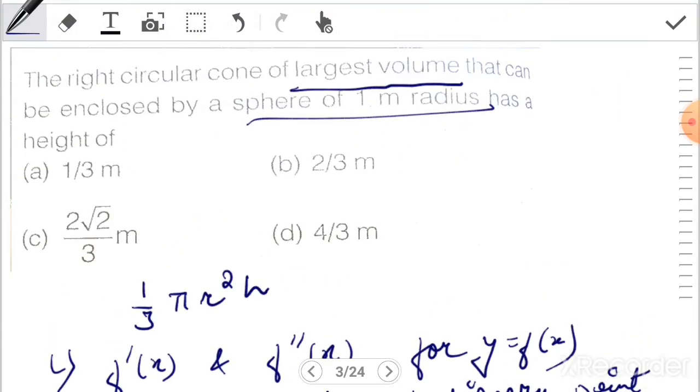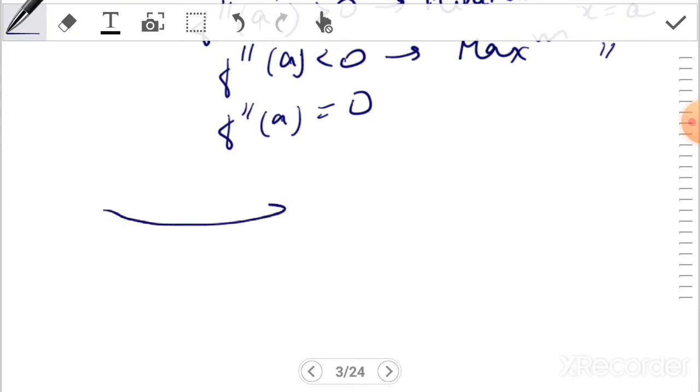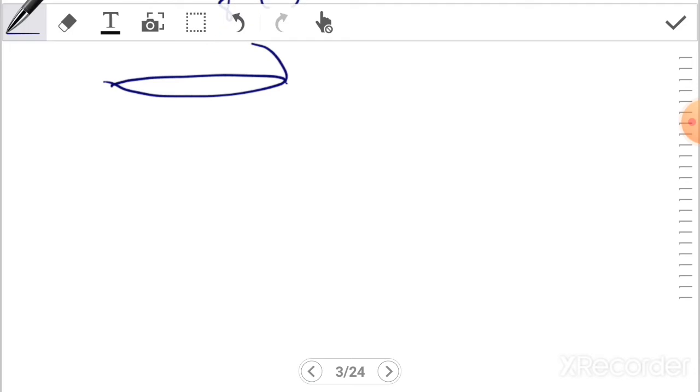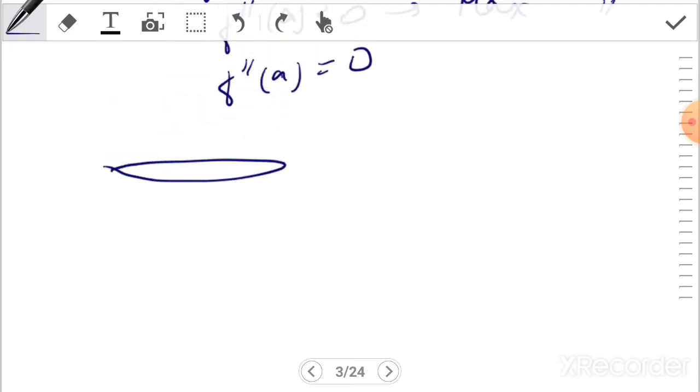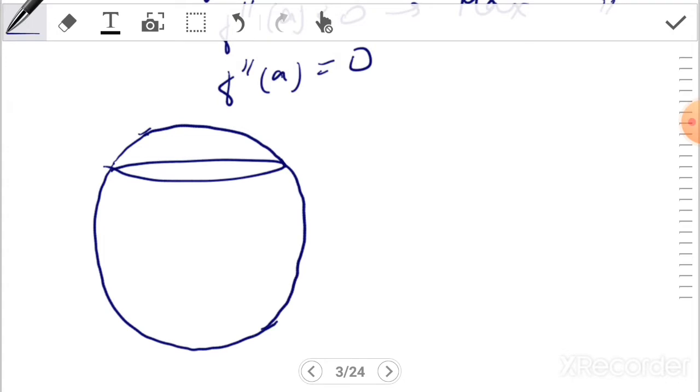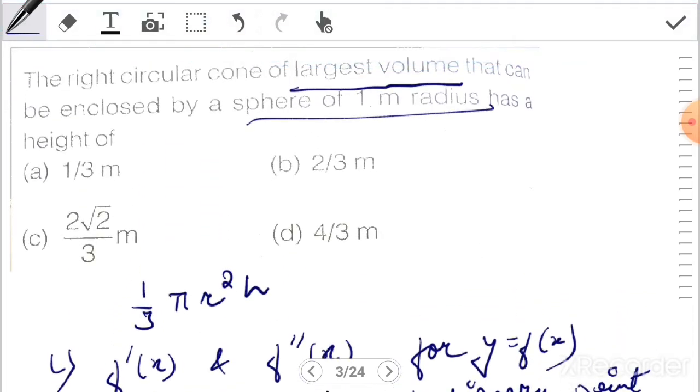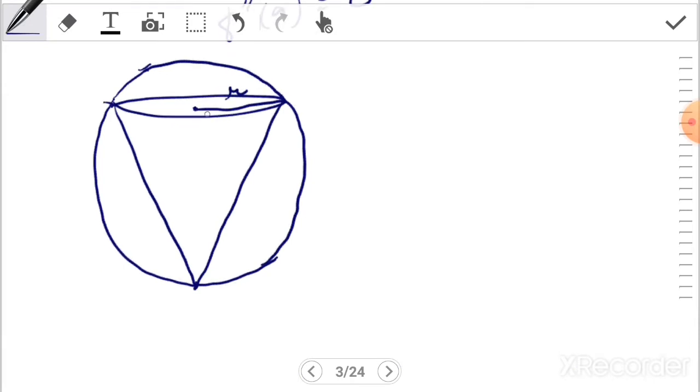Now the calculation part. Let us draw a sphere and let us draw such a cone enclosed by the sphere. The radius of the sphere is given as 1 meter, and we have taken small r as the radius of the base of the cone.